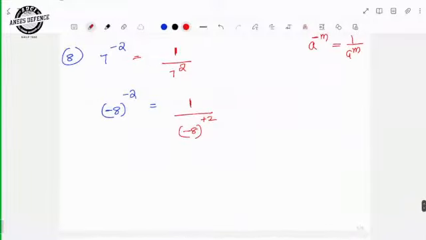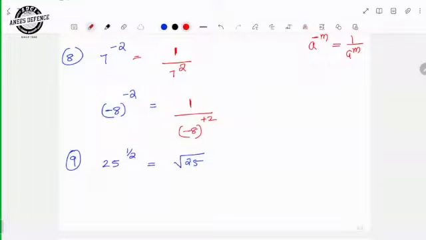Then ninth one, 25 raised to 1 by 2. This can be written as root of 25.